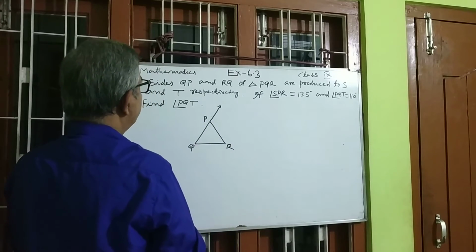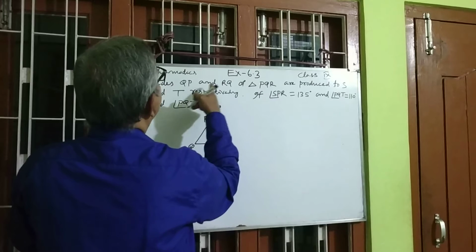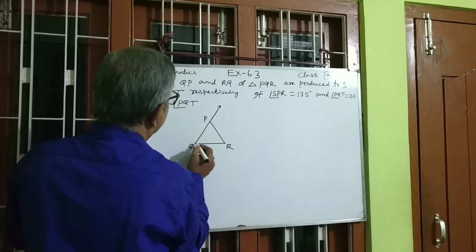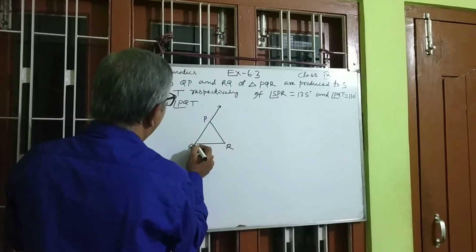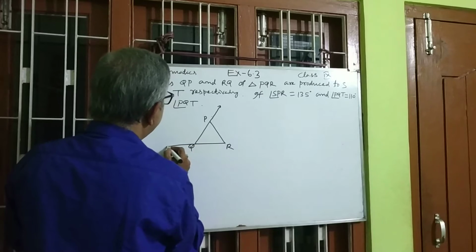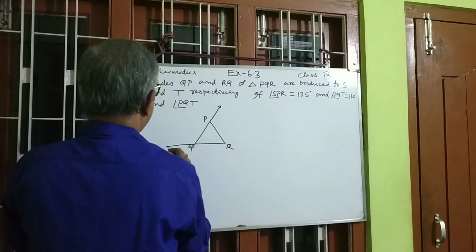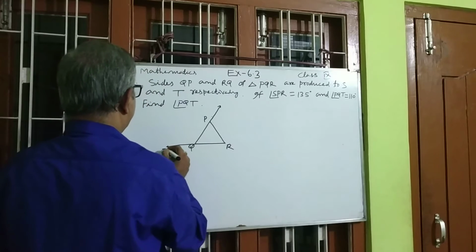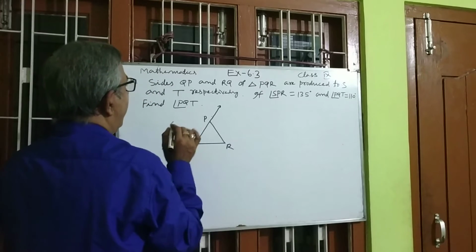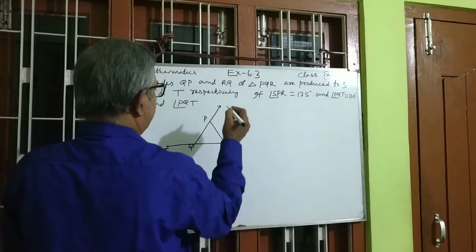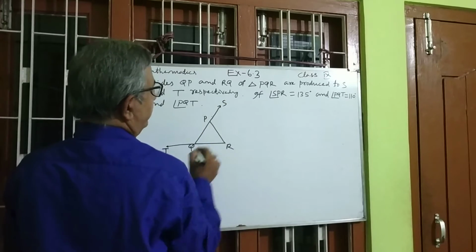Now which side is produced? RQ is produced to T. And which angles are given? This is S, this is T.